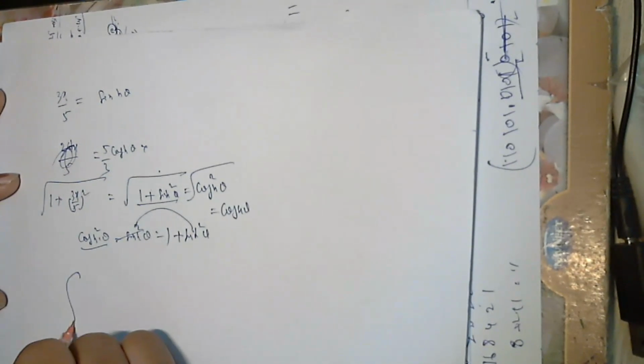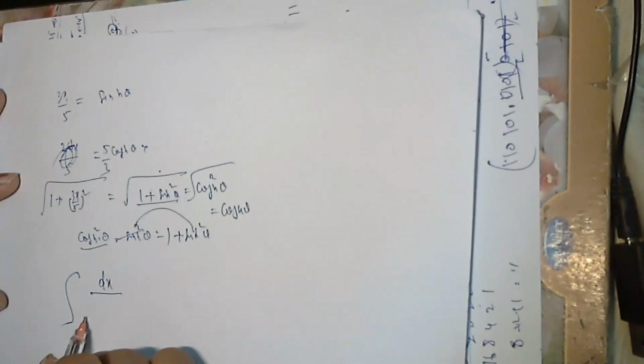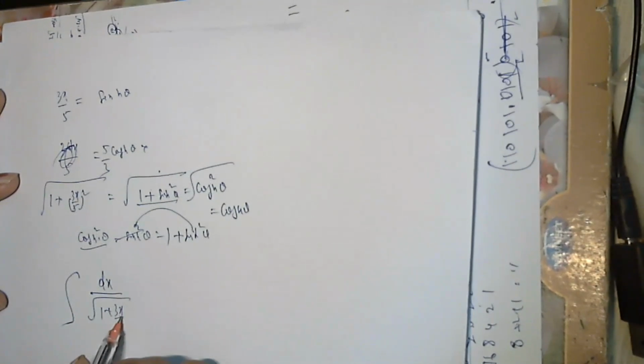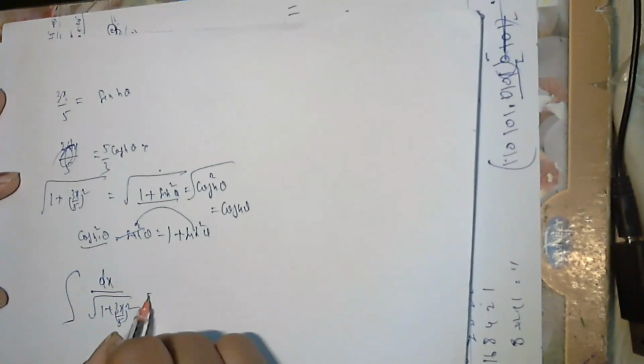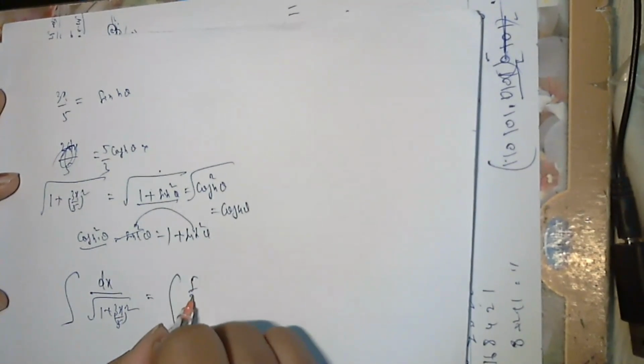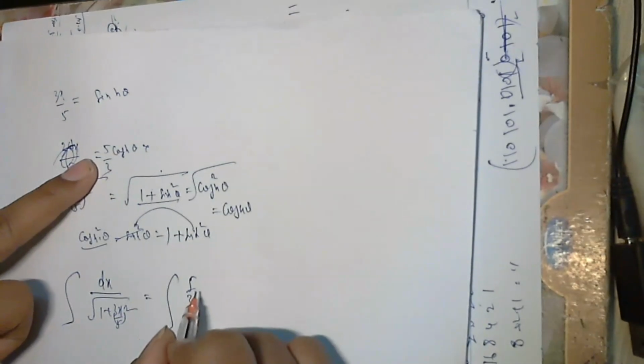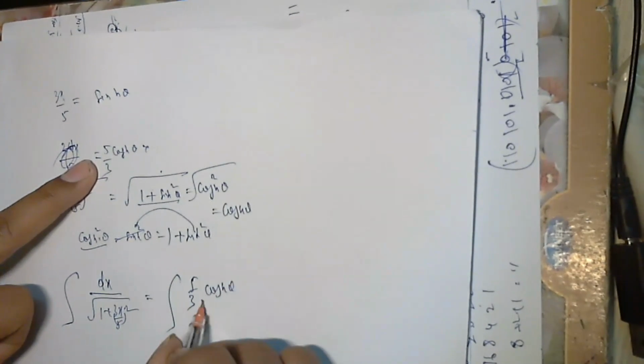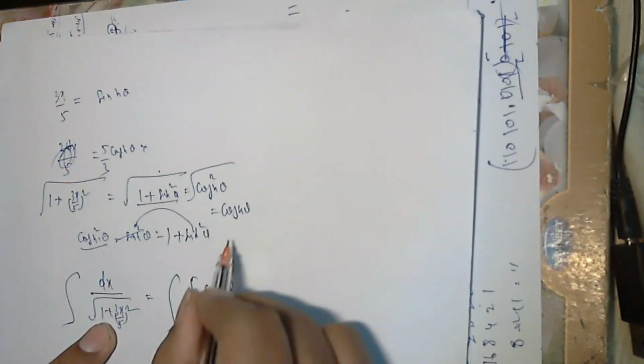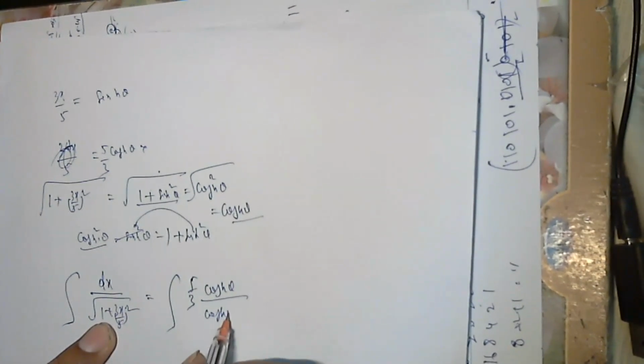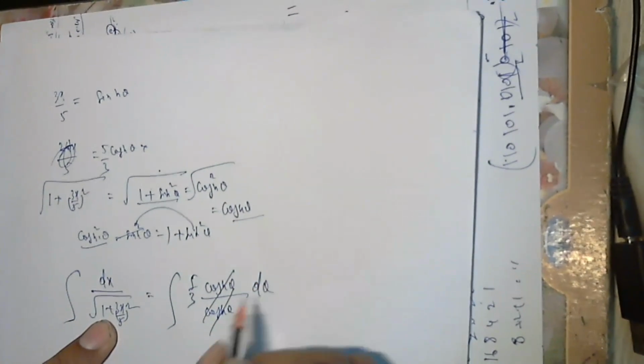So if I substitute, integral dx by square root of 1 plus 3x by 5 whole square becomes integral 5 by 3 cos h theta d theta divided by cos h theta. Both get cancelled.